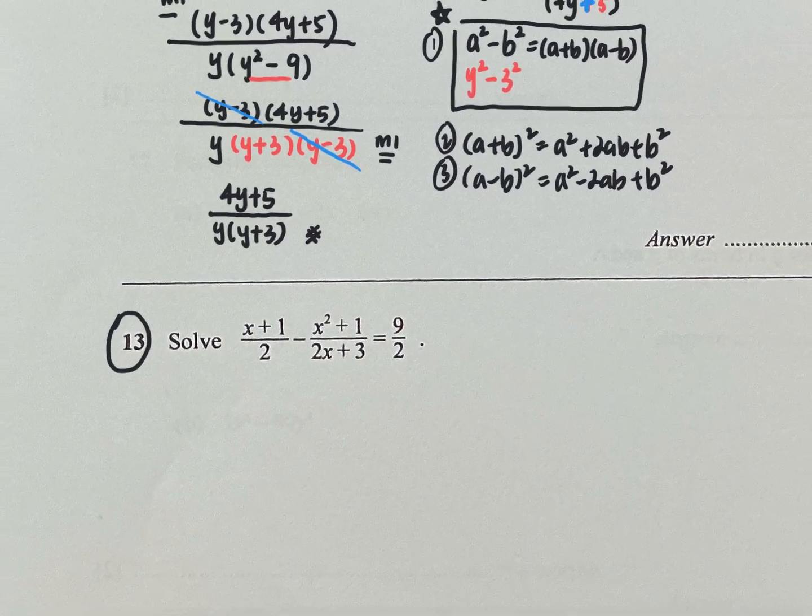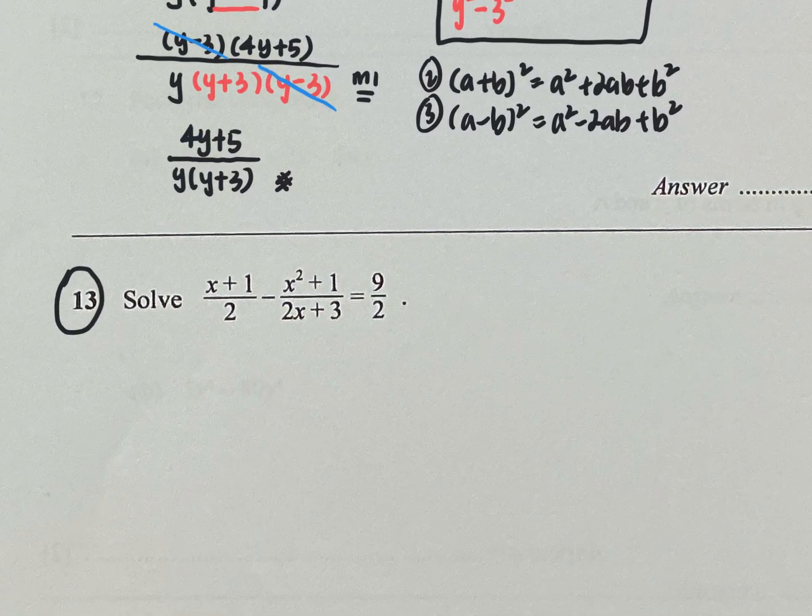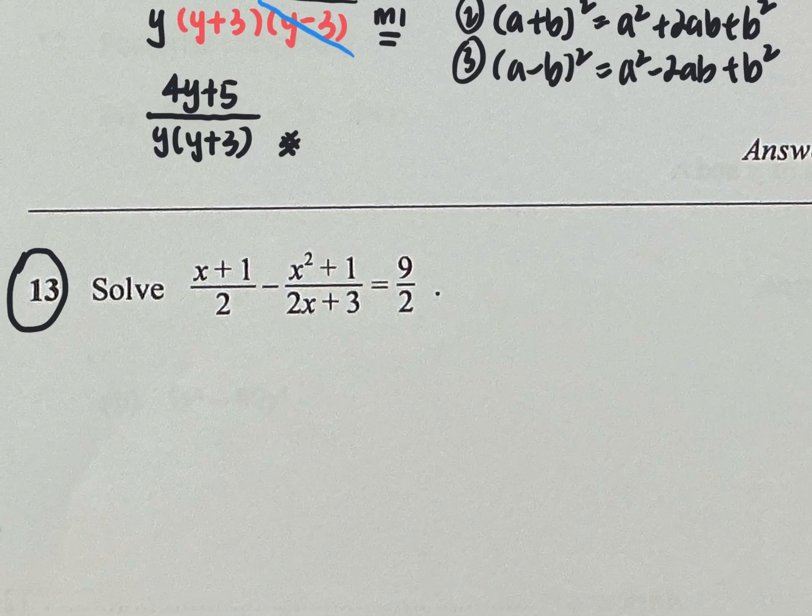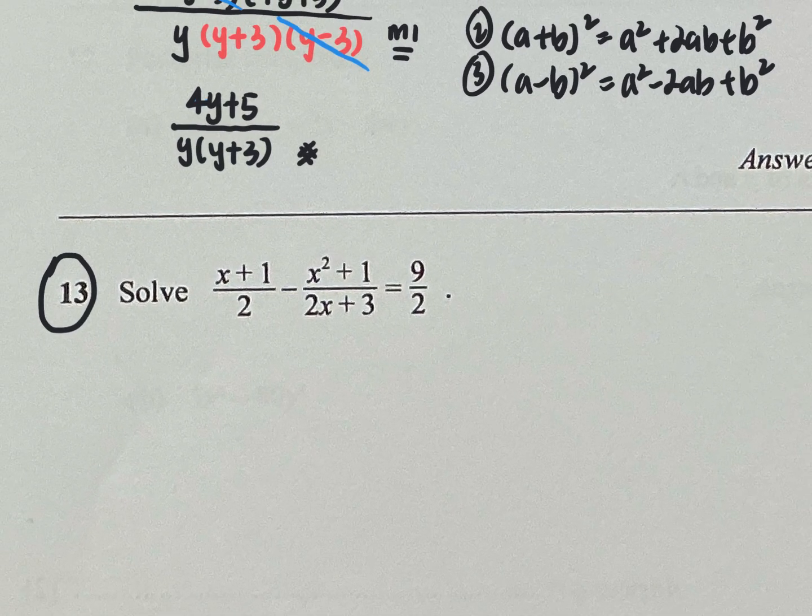Okay, this one. In order to simplify this question, maybe we do this method. It's the easiest. I look at the LCM for these three fractions and I multiply everything by the same LCM, the lowest common multiple.